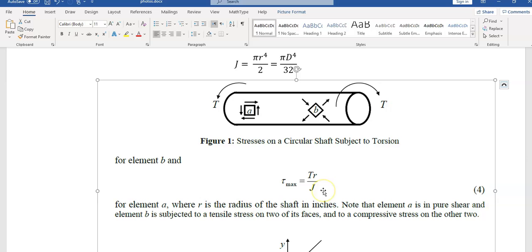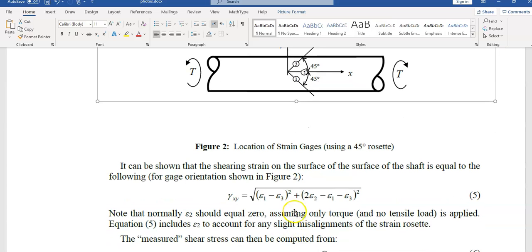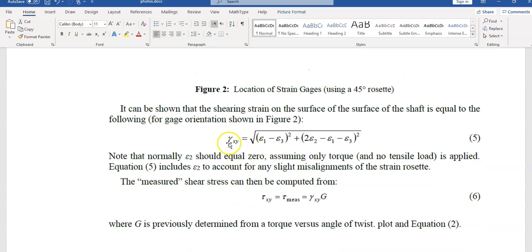So this is what you get as the analytical value of shear stress, and then from the strain indicator you obtain these three epsilon 1, epsilon 2, and epsilon 3. So from here you can calculate shear strain, and as you remember, we have this relation between shear strain and shear stress.